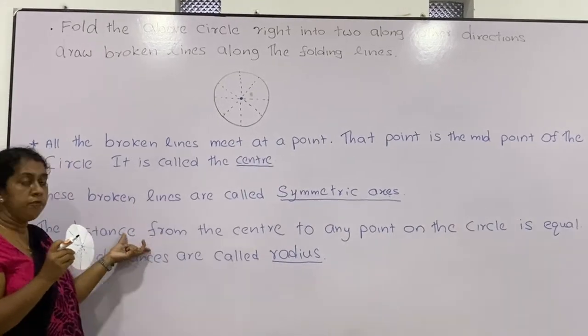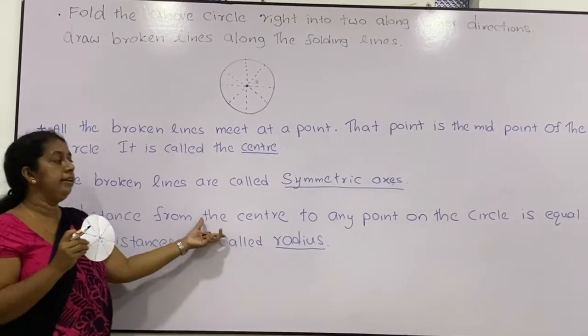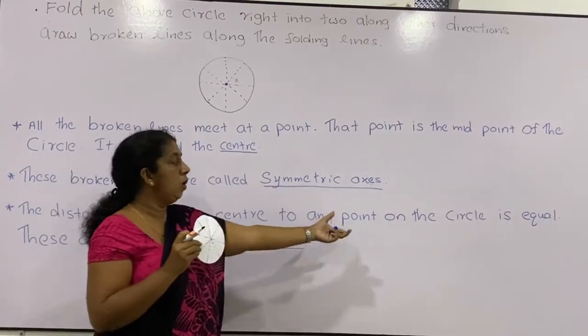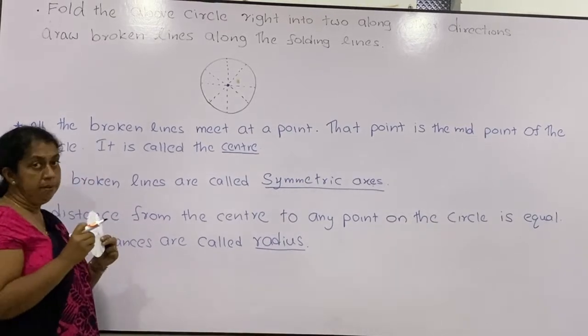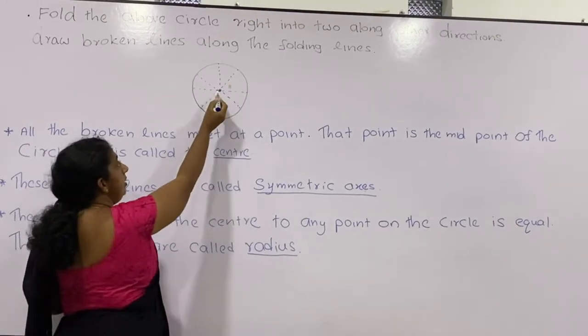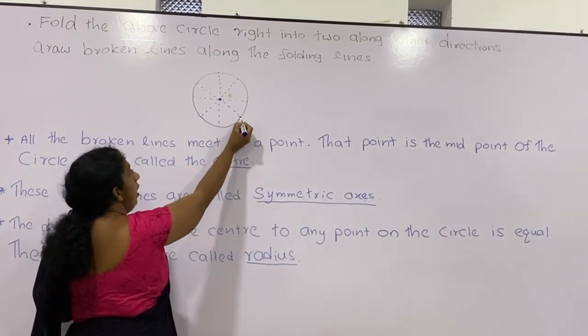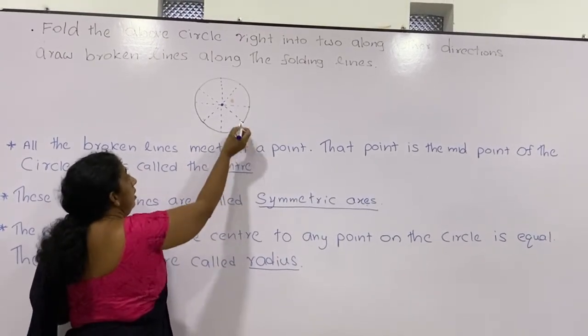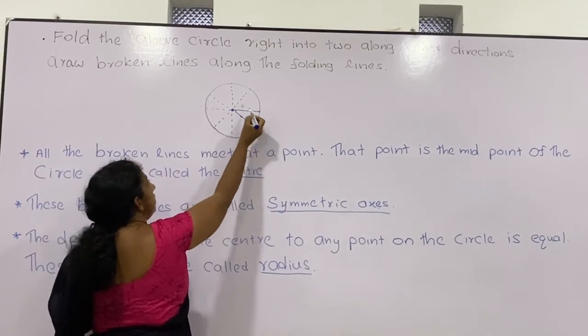Okay, the last one from this activity. The distance from the center to any point on the circle is equal. That means when you consider the center here and any point on the circle, these are the distances.